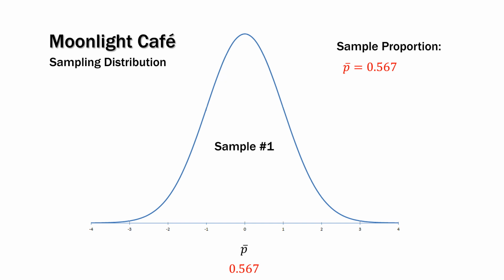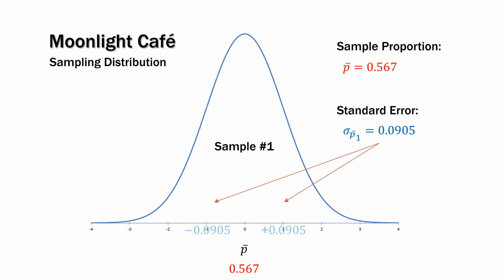Our standard error is 0.0905, and what that represents is a z-value of 1. So we can put 0.0905 above a z-value of 1, and the negative of that is a z-value of -1.